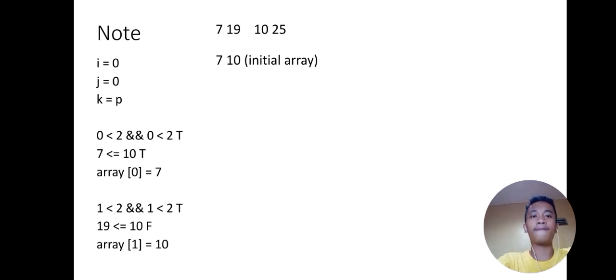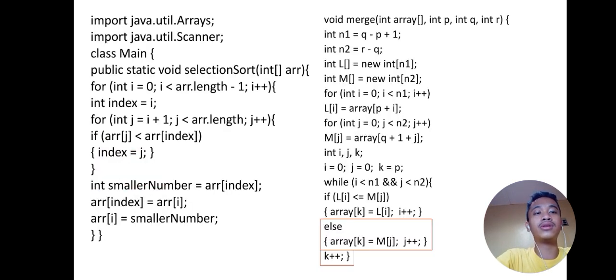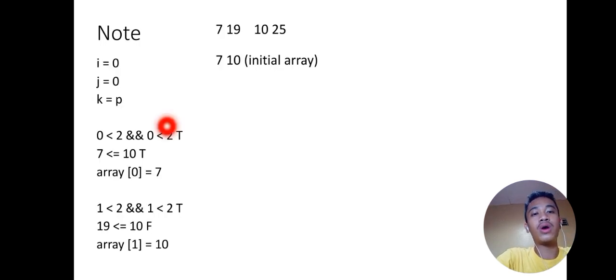So note, 0 less than 2 and 0 less than 2 is true. So therefore 7 less than or equal to 10 is true. So we have 7 and 10 right here. It is because L[i] less than or equal to M[j], where the value of i is 0 and the value of j is 0. That is why 7 and 10.